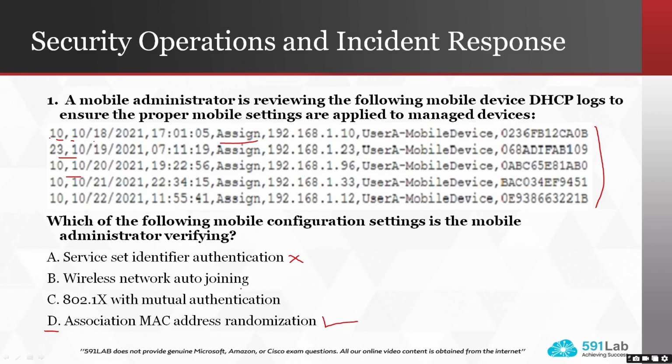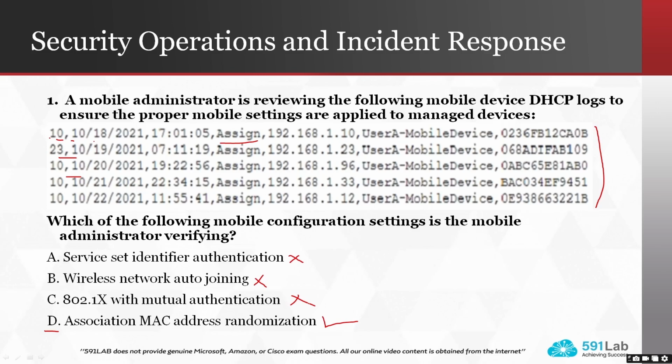While C, 802.1X with mutual authentication, could not be the answer either, since it is a security protocol used for port-based network access control, so it's not relevant to the DHCP logs.